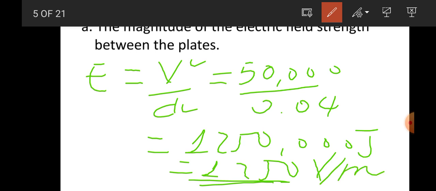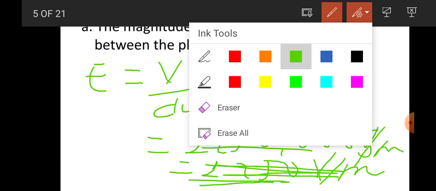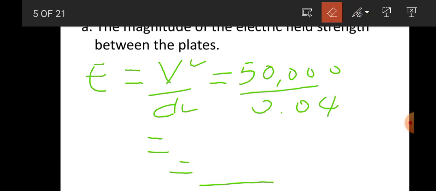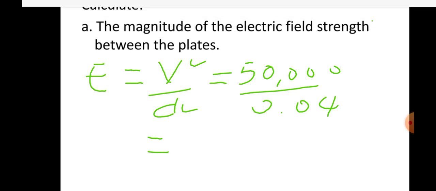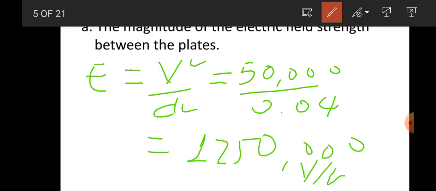Sorry, let me correct here: it is volt per meter, or kilovolt per meter. This is equal to 1,250,000 volt per meter. This is the electric field strength.